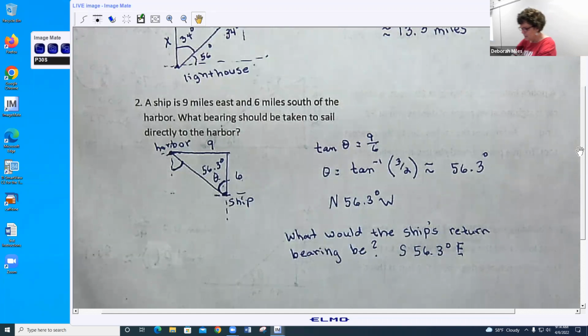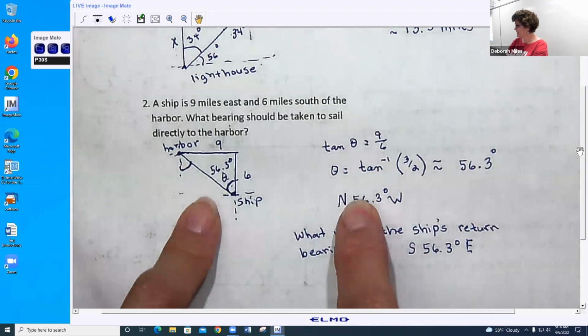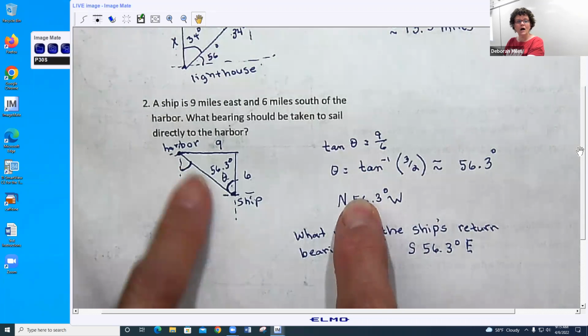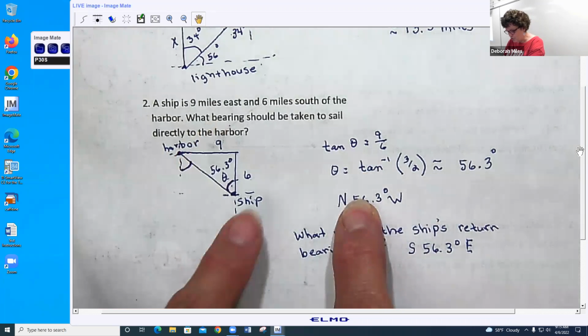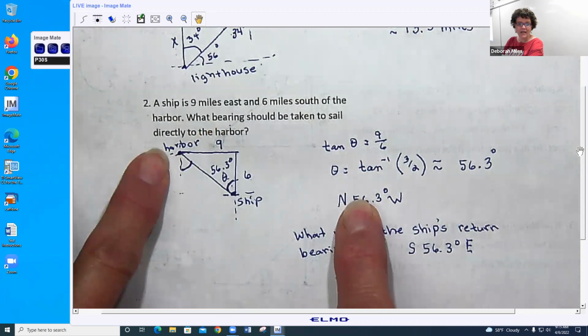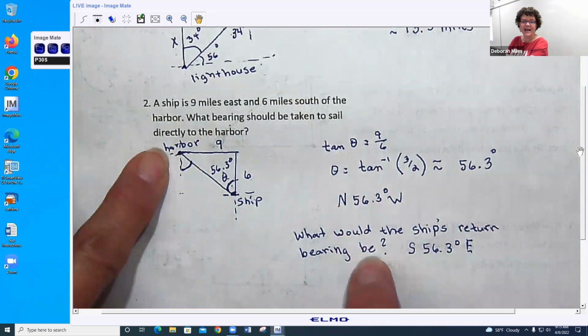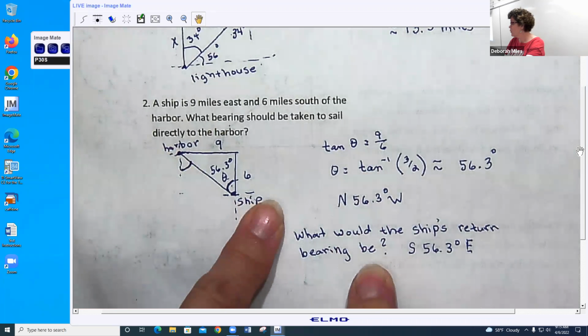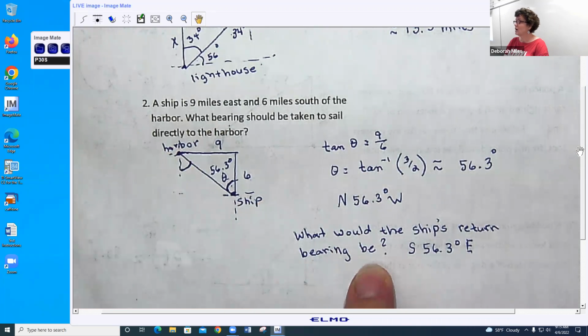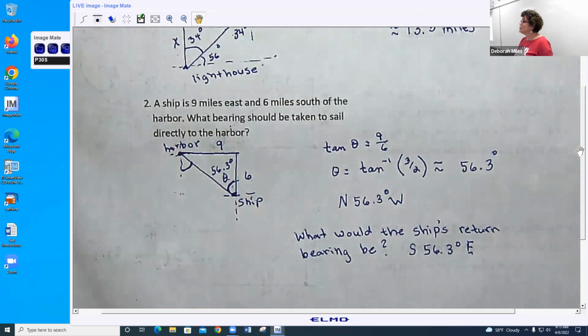The part that was typed starts at the ship and gets to the harbor. At the end of the day is what I'm asking, to come back from the harbor to where the ship originally was. Okay, I thought it meant return, like go back to the harbor.